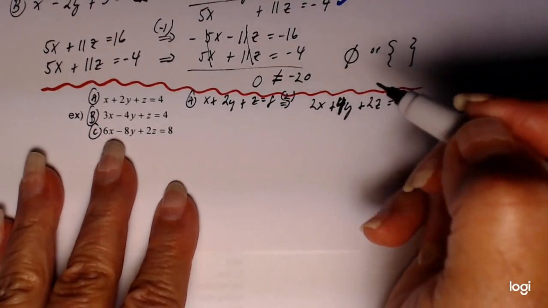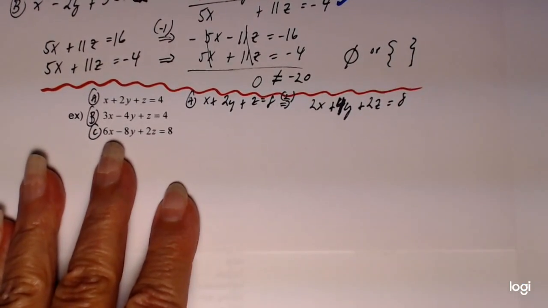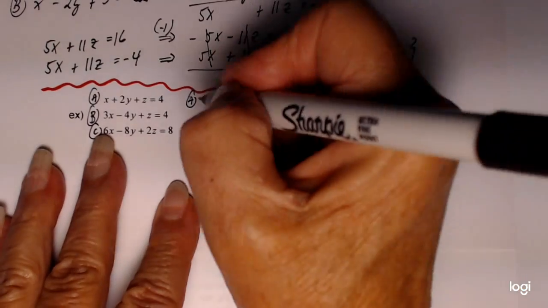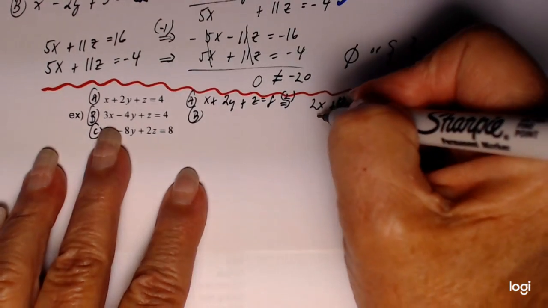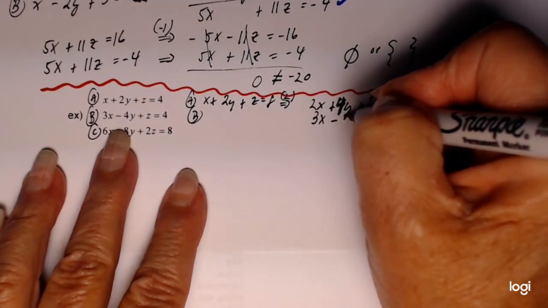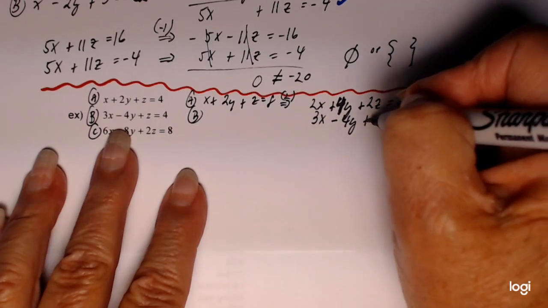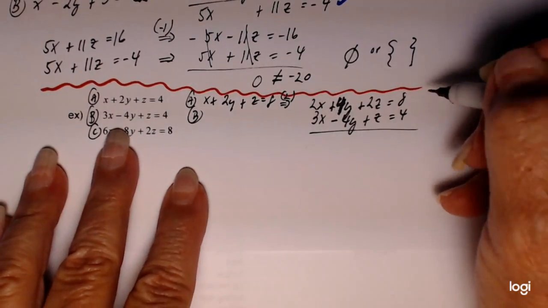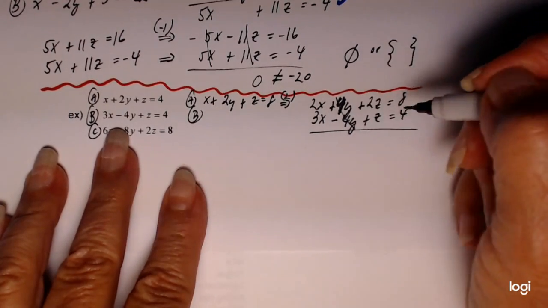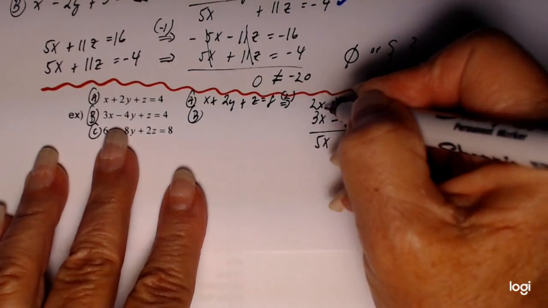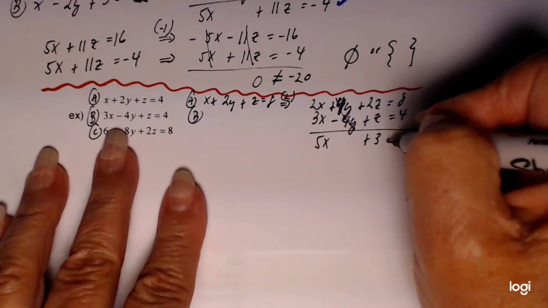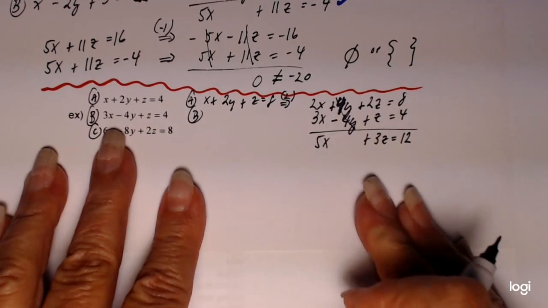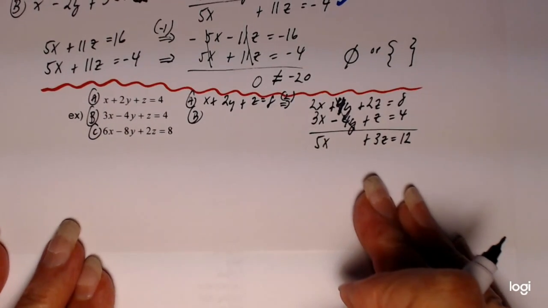Then for equation B, there is nothing that we have to do, so I can just rewrite it: 3x minus 4y plus z equals 4. Now when we add these equations, the y's cancel. 2 plus 3, 5x, plus 3z equals 20. So we've eliminated the y's.